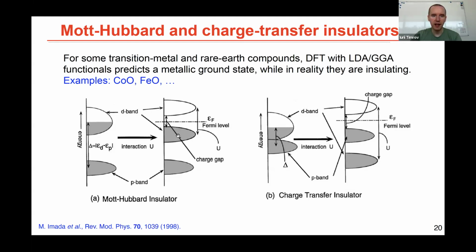If both are of D character, as indicated here, then you call it Mott-Hubbard. But if they are of different character, so here P states and D states, then you call it a charge transfer insulator. It's just a convention, how people decided to call it.